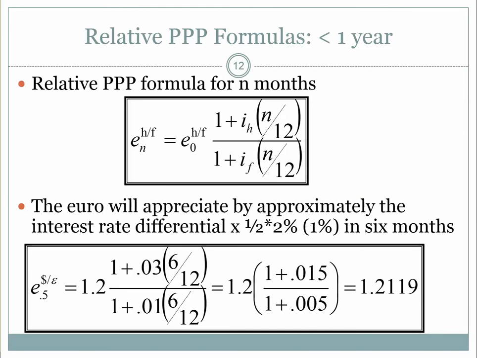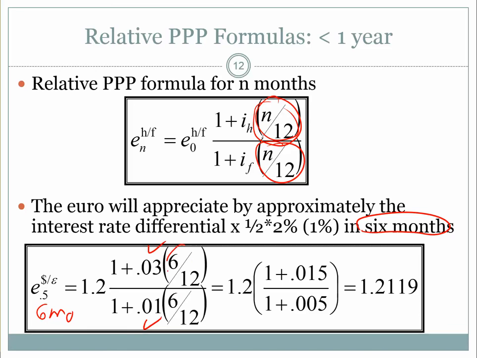If you're trying to forecast exchange rates for less than 1 year, we're just going to adjust the annualized inflation levels by n over 12, where n is the number of months. So for example, you're trying to forecast the 6-month exchange rate. We have the 3% annualized inflation in the US, 1% in Eurozone.